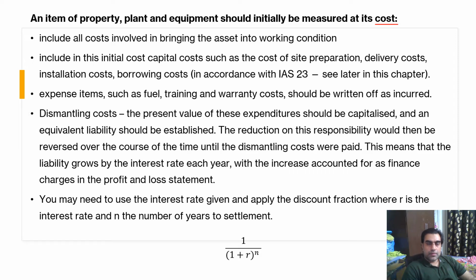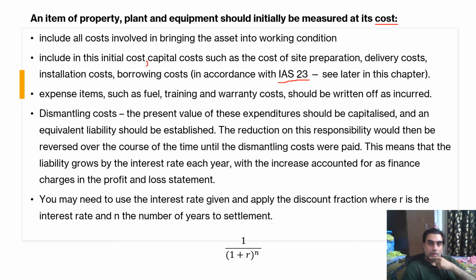Cost includes all costs involved in bringing the asset into its working condition. This initial cost includes capital costs such as cost of site preparation, delivery cost, installation cost, and borrowing cost, which we will calculate as per IAS 23, which we will see later in this chapter.